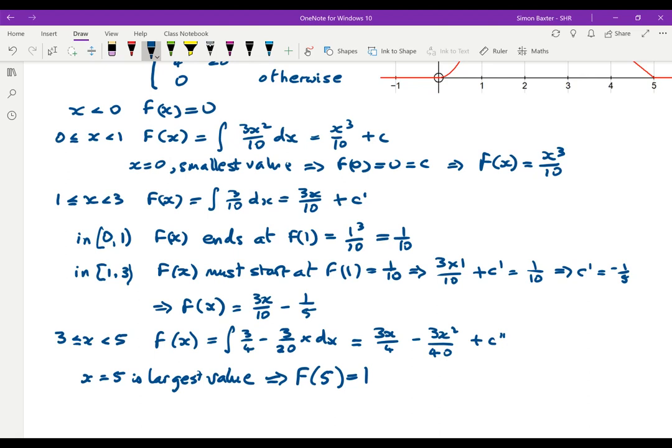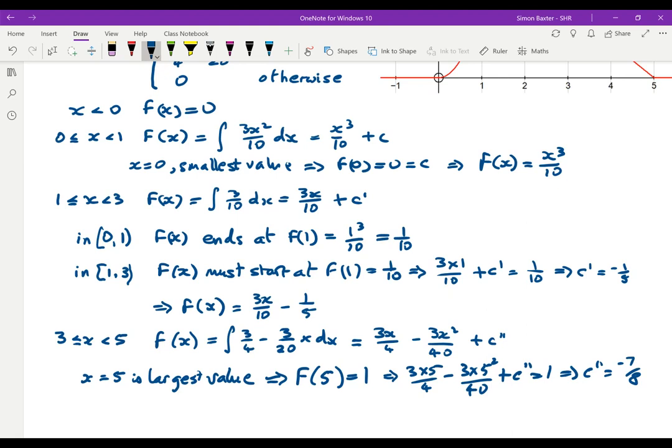And putting x equal to 5, that gives us that 3 times 5 over 4 minus 3 times 5 squared over 40 plus c double dashed is 1. And if we do some lightning arithmetic on that, we get that c double dashed is minus 7 over 8.